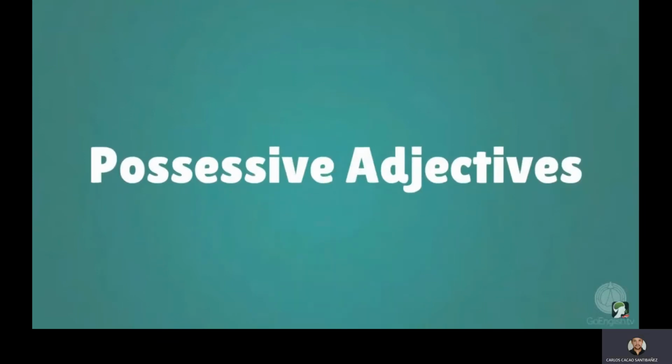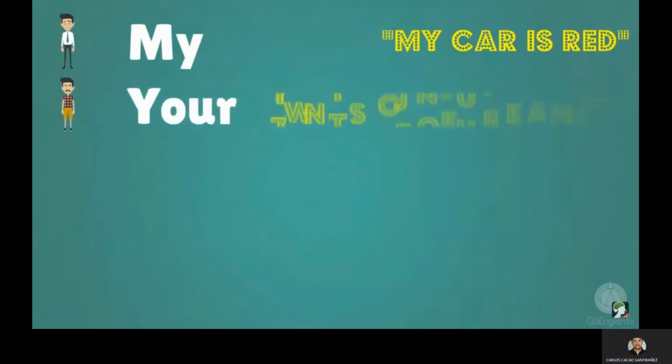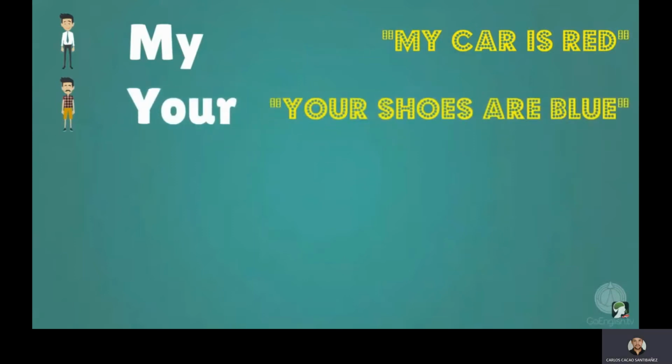Let's see some examples of possessive adjectives. Number one. My car is red. Your shoes are blue.